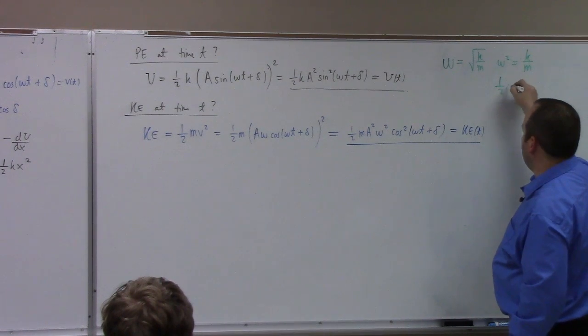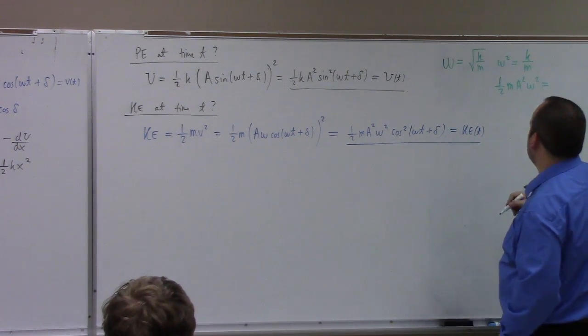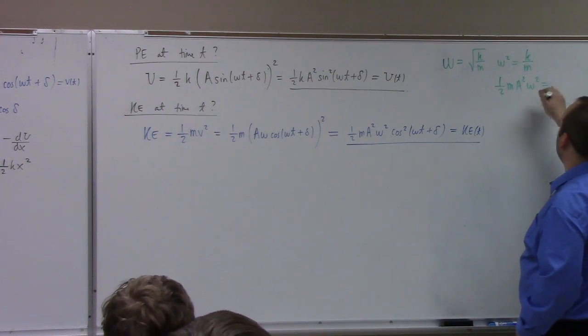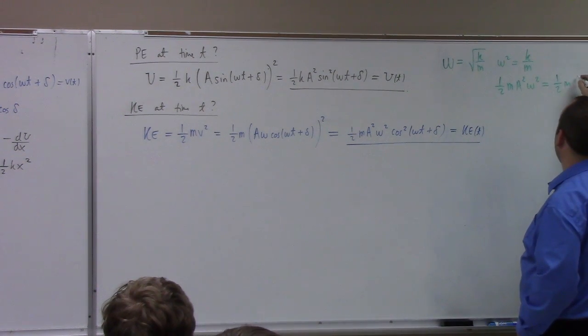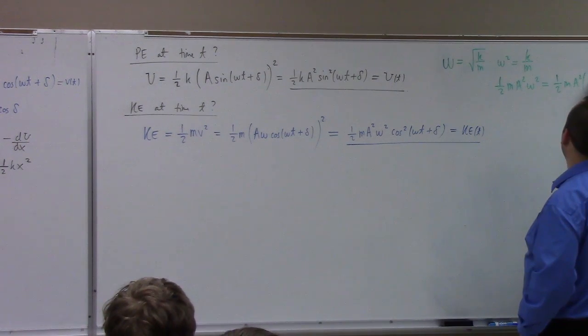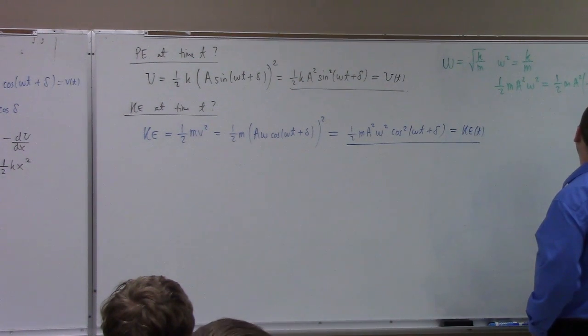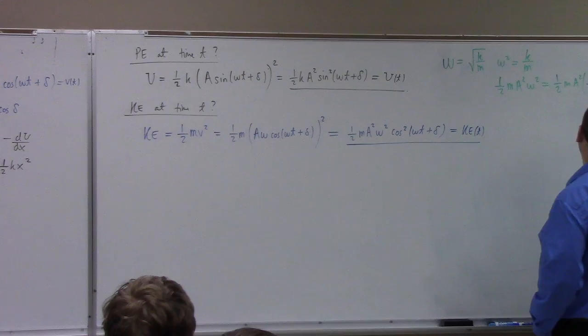So 1/2 m a squared omega squared is actually just what? Yeah, the m's cancel. So we get 1/2 ka squared, very good.